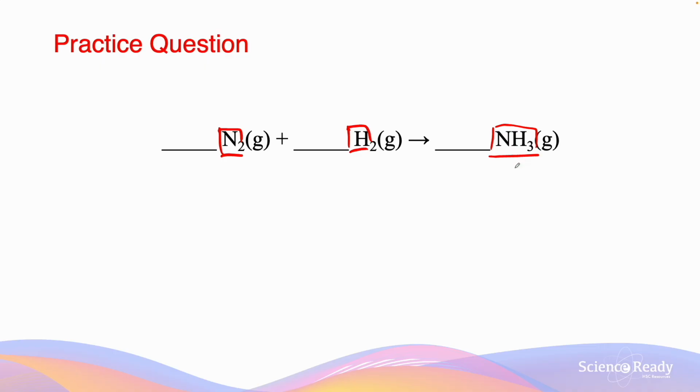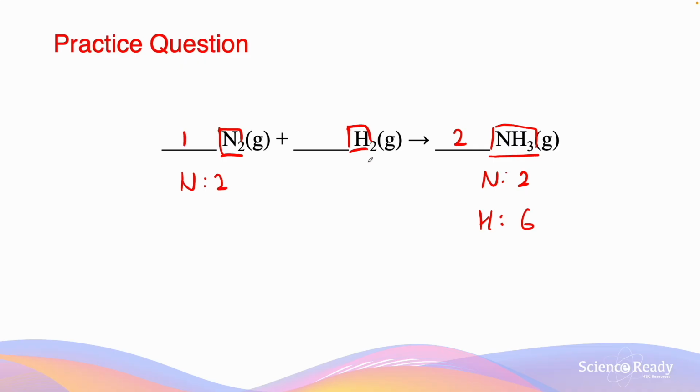So what we can do to balance this is add a 1 in front of the N2 and a 2 in front of the NH3. This means that now we have 2 N's on both the reactant and the product side. The number of hydrogens we have is 2 multiplied by 3, which equals 6 hydrogens.